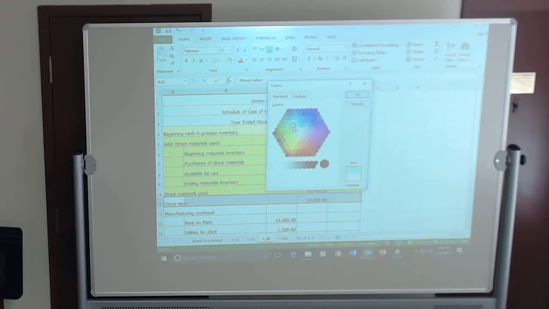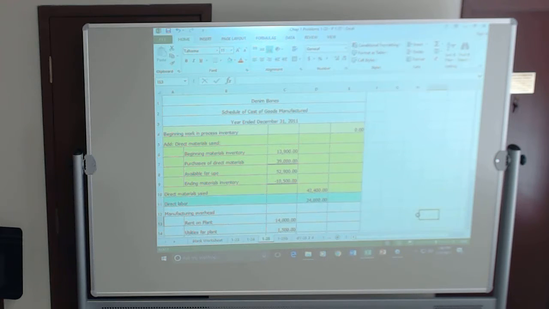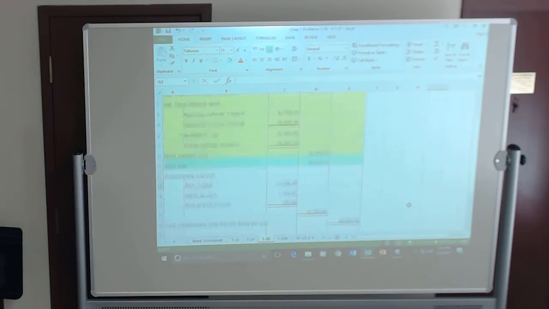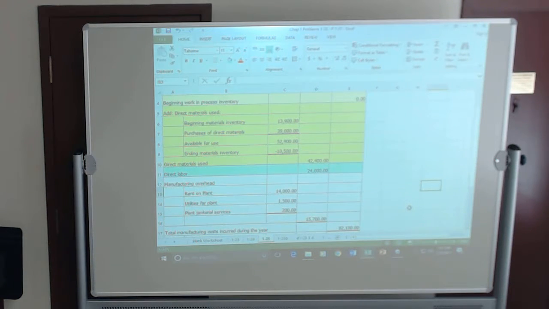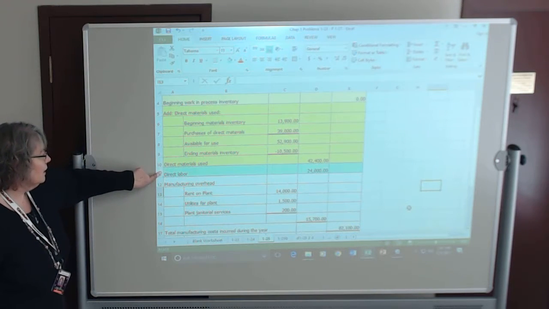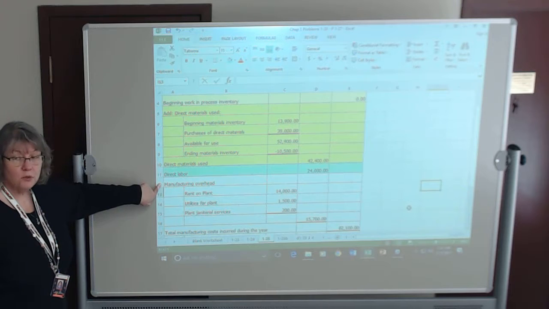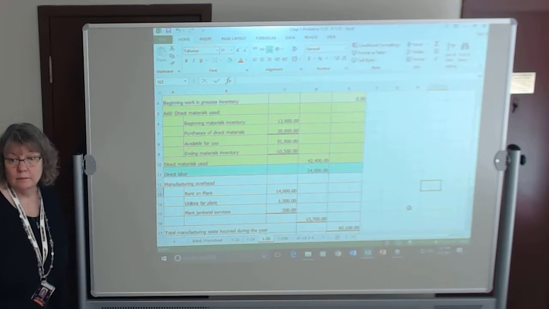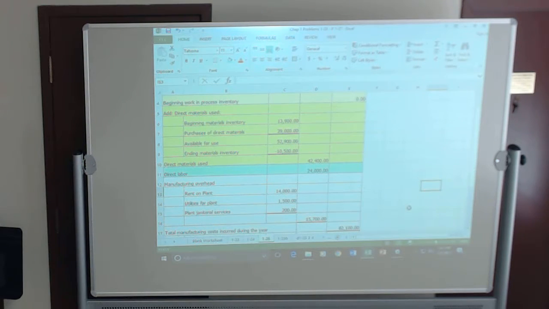I hate the auto colors they have set up, in case you haven't figured that out. So we have the expense of the direct materials, the expense of the direct labor, and then we have manufacturing overhead. Manufacturing overhead is the rent on the plant, the utilities for the plant, and the janitorial service for the plant.